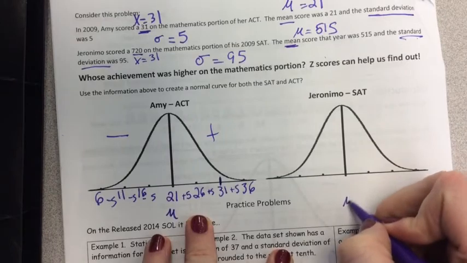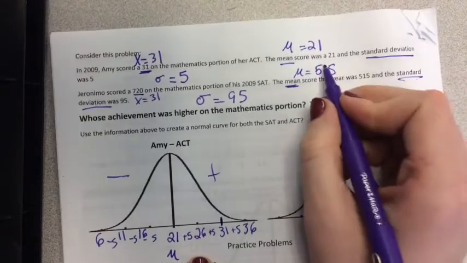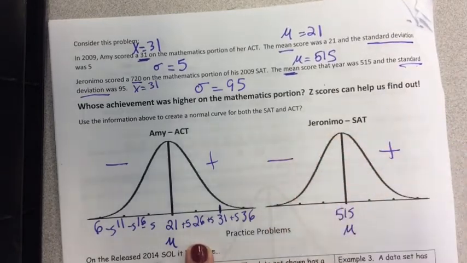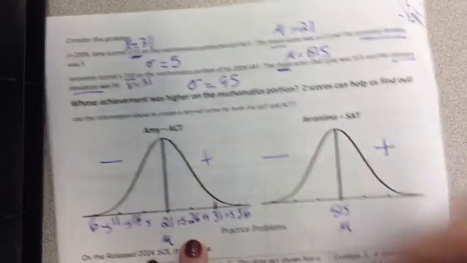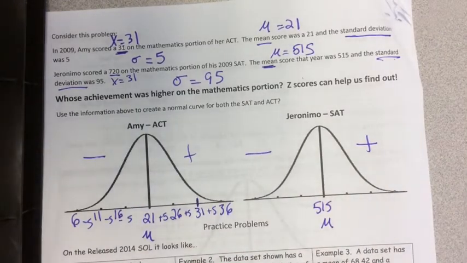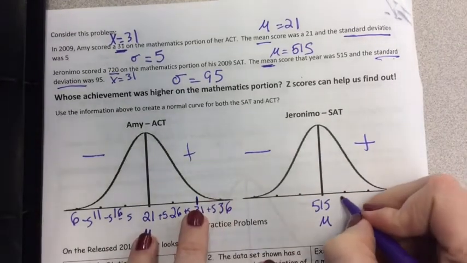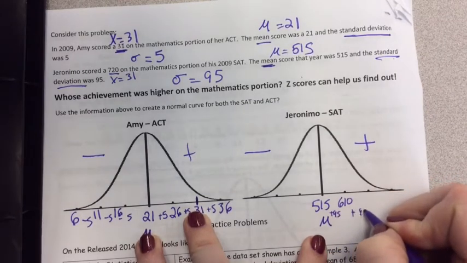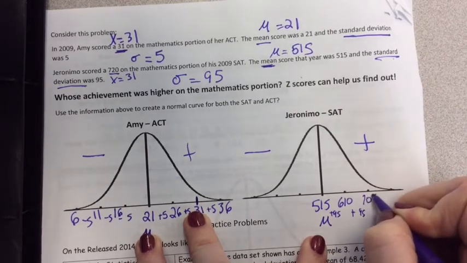So again, mean is in the middle, so that was 515. And then I need to add and subtract my standard deviation, which was 95. So this gave me 610. If I add 95, I get 705.